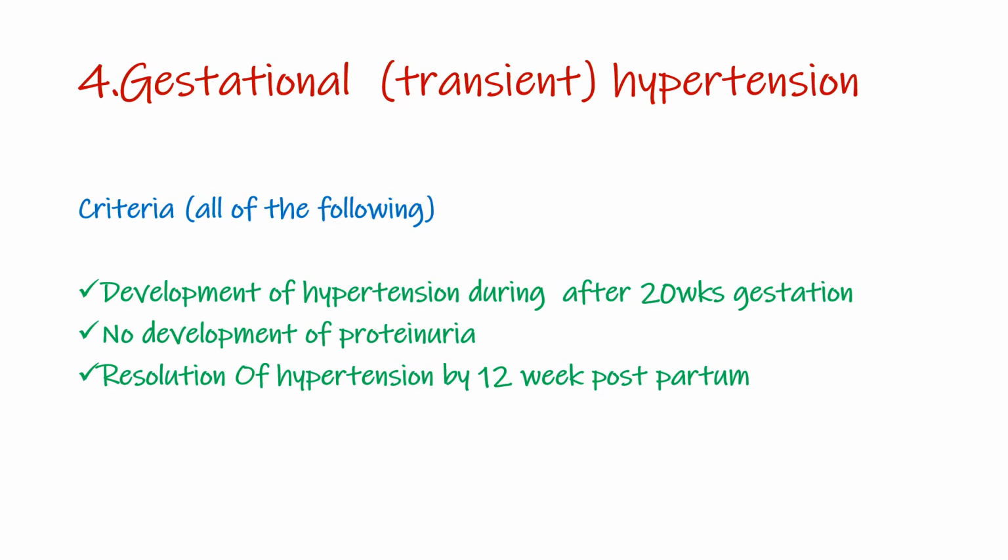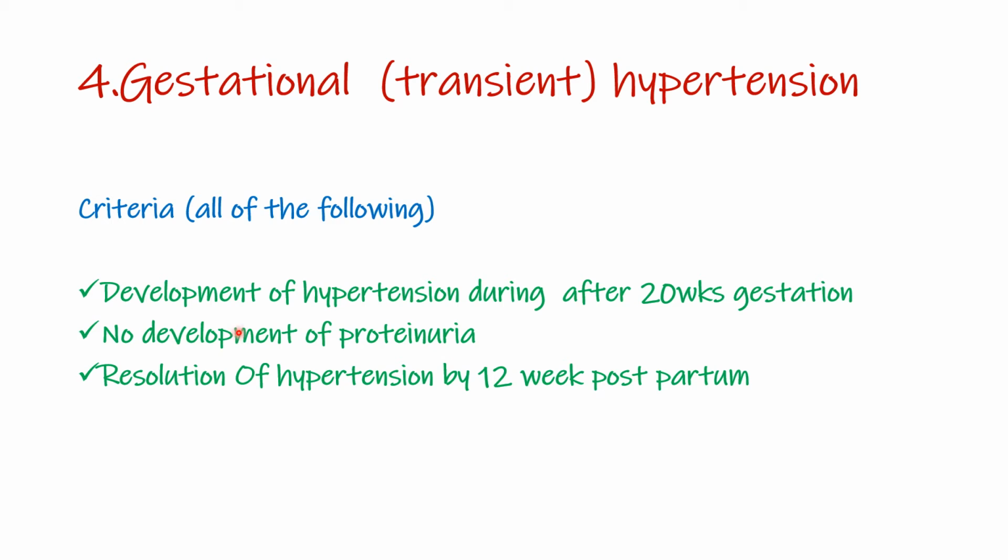How did you define gestational hypertension or transient hypertension? We said gestational hypertension, the patient has to come in at greater than 20 weeks and the patient does not have proteinuria or severe features of preeclampsia. So for you to define a patient as having gestational hypertension, all the following criteria have to be met.